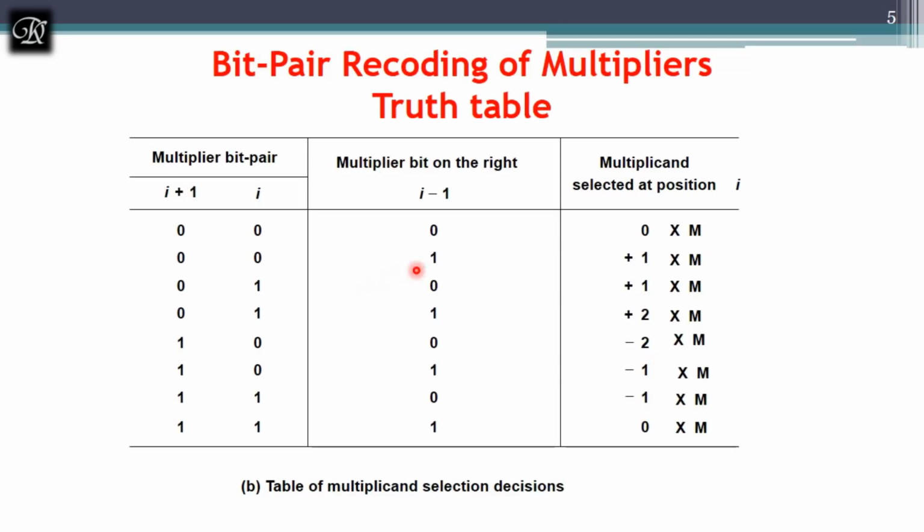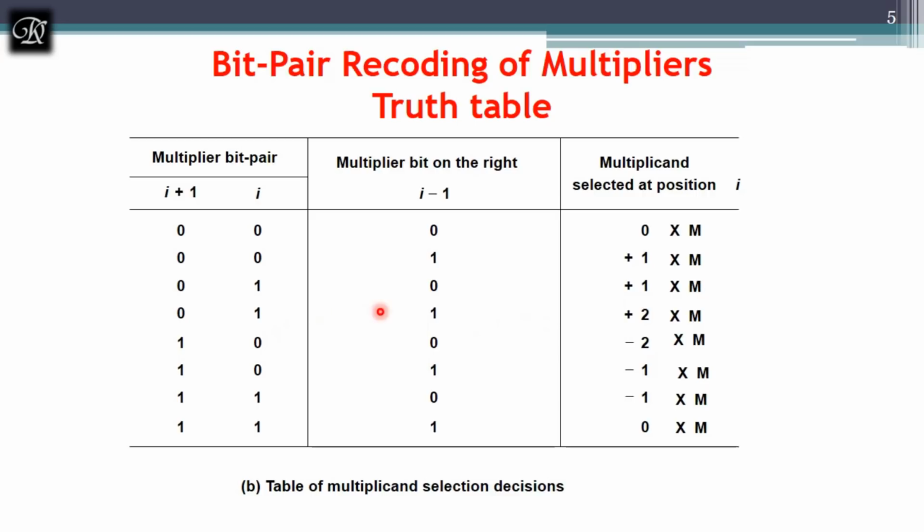When the previous bit is 1 and the next 2 bits are 0, then the multiplicand is multiplied with positive 1. When the next bit is 0, the current bit is 1 and the previous bit is 0, then also the multiplicand is multiplied with 1.